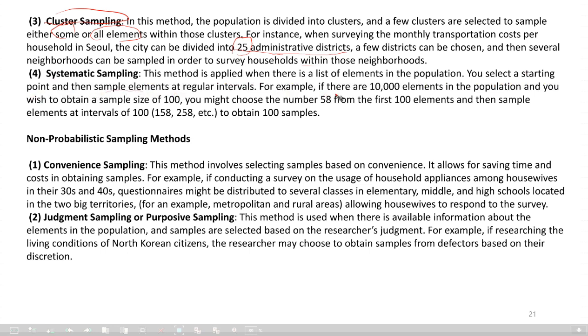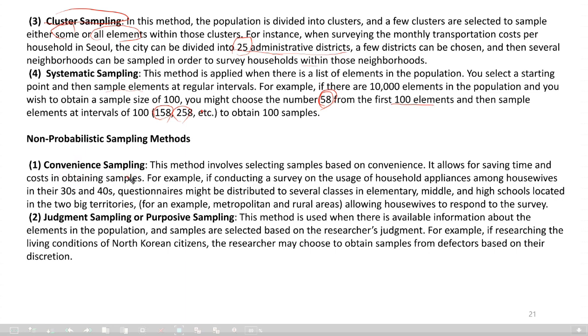For instance, if there are 10,000 elements in the population and you need a sample size of 100, then you might choose the number 58 from the first 100 elements and then sample elements at intervals of 100: 58, 158, 258, etc. to obtain 100 samples.